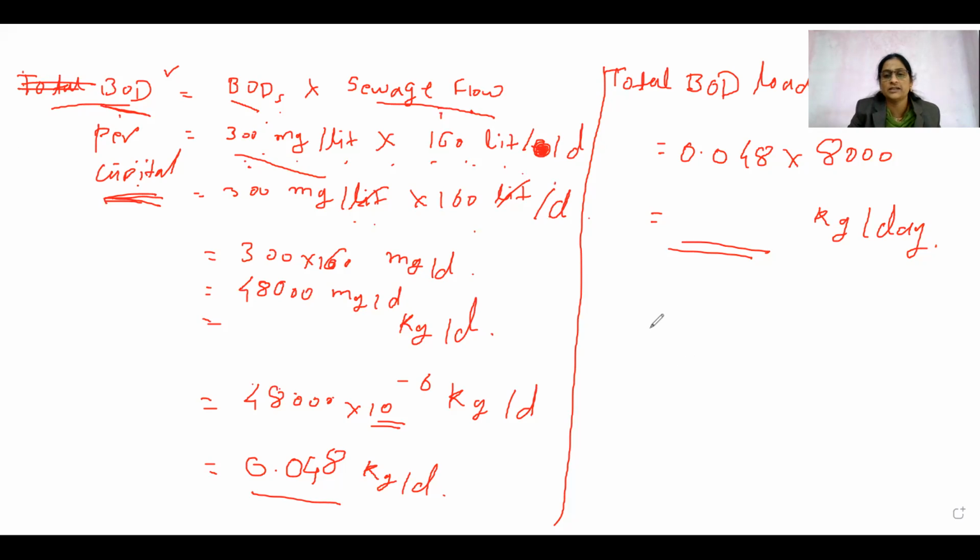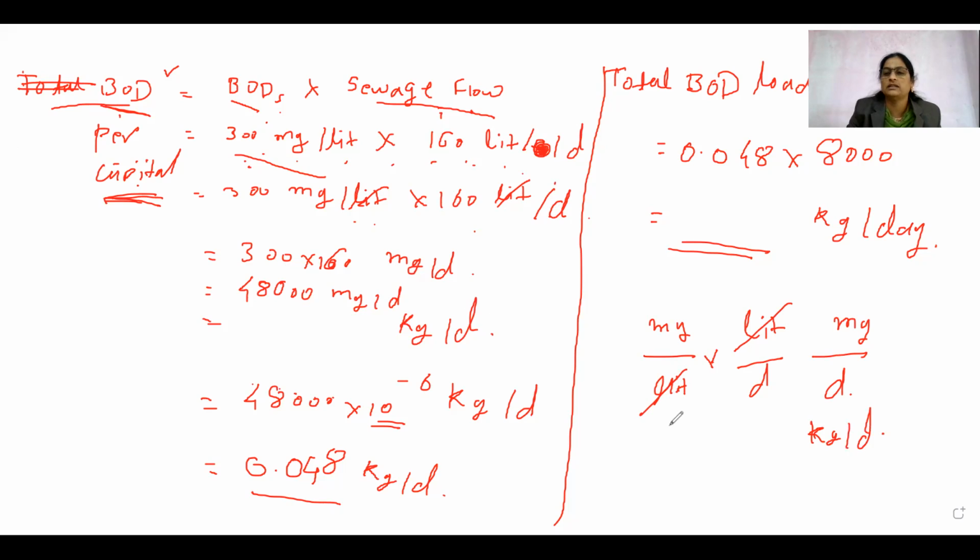Now the conversion here is milligram per liter into liter per day. Okay, so liter gets cancelled. Now what remains? Milligram per day. So this answer is in milligram per day, but usually we take it in kg per day.